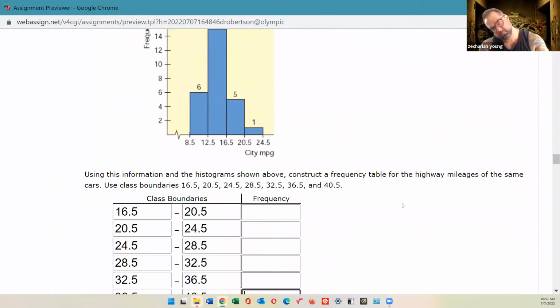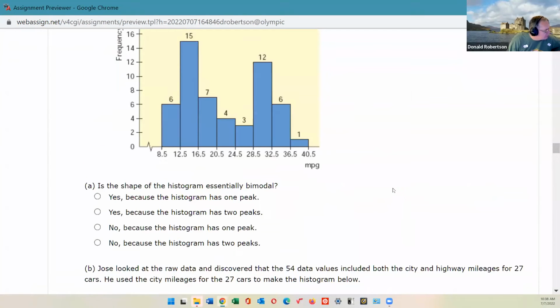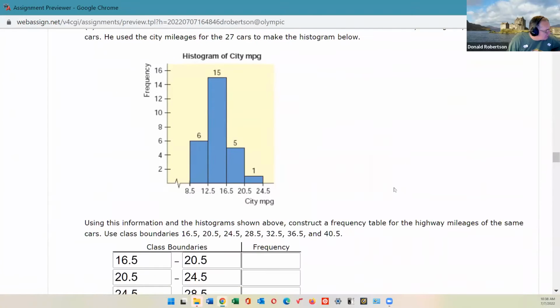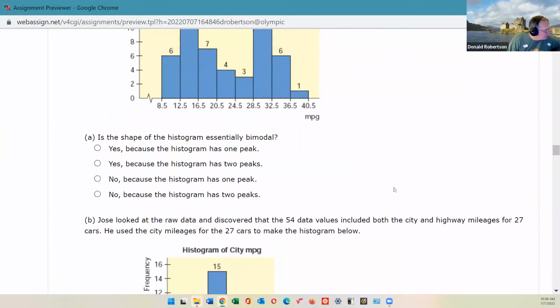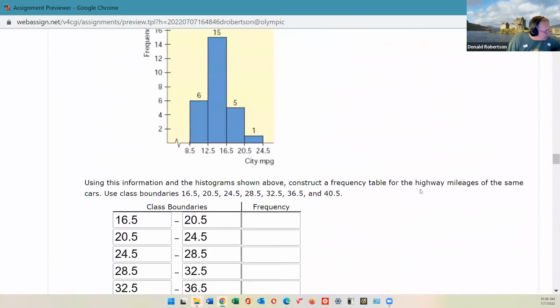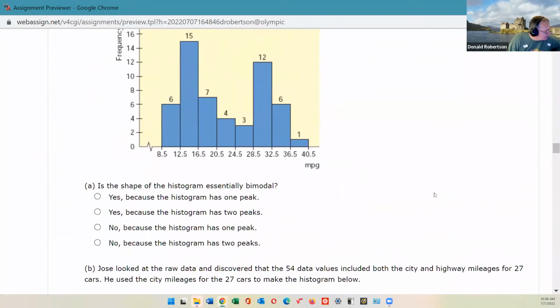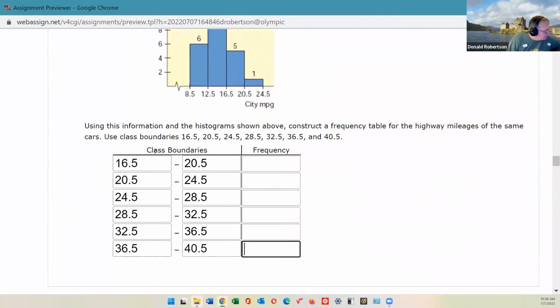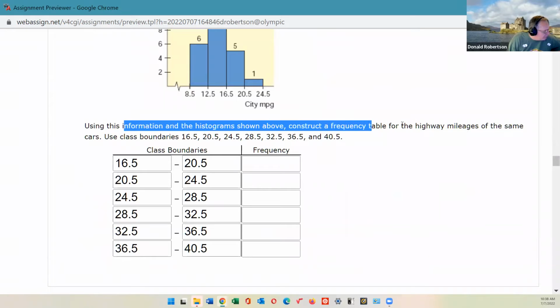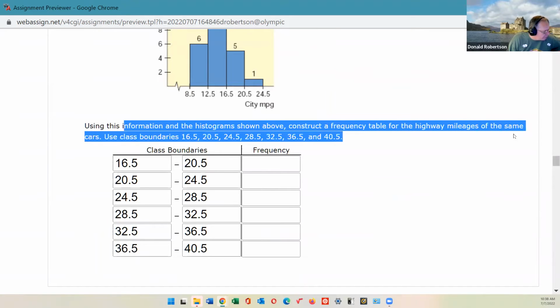Wait a minute. There's something wrong here. There is something wrong here, guys. Now it says use information from the histogram shown above to construct a frequency table for the mileage of cars.